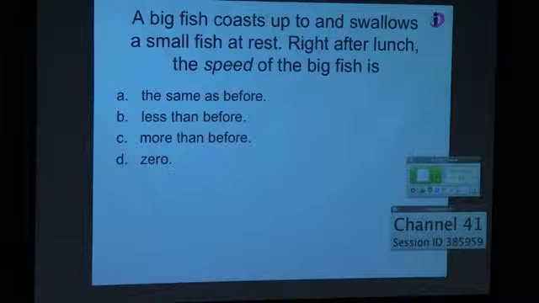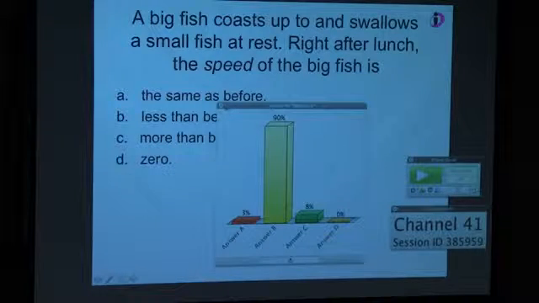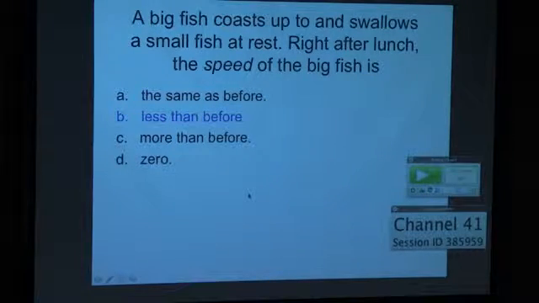Everybody had a chance to log in? 10, 9, 8, 7, 6, 5, 4, 3, 2, 1. Oh, large majority B. Less than before. Good. A little better.